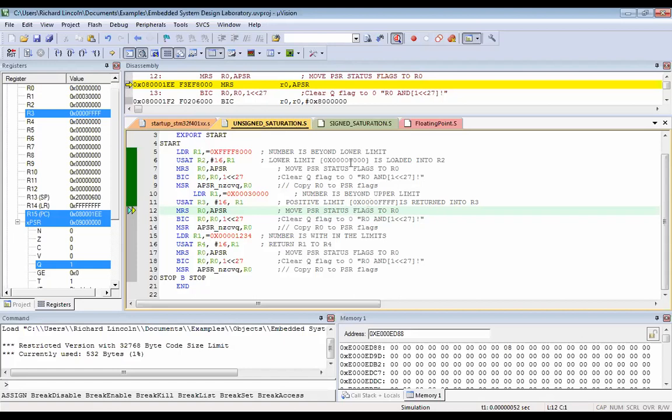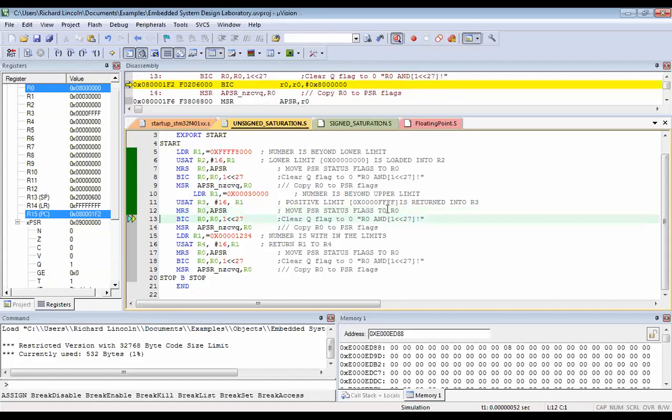Lower limit is 0 and upper limit is 000FFF. Next, we're again going to clear this Q value, because the main reason here is that we are checking the value of Q. We're checking if it is going below the negative limit, or beyond the positive limit, and if it's in between them, then we transfer the same number. So it's made 0, and then the next is to make Q 0.